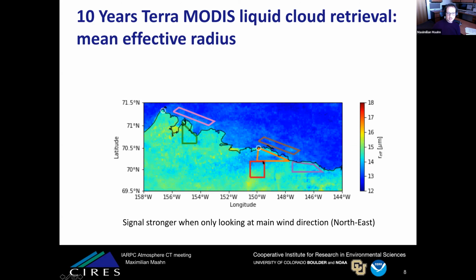So we are confident that this is really associated with this local pollution, also because at least the part west of 146 degrees is fairly flat. There is no terrain. It's just ponds and tundra, so there's no reason why there should be any orographic impact.